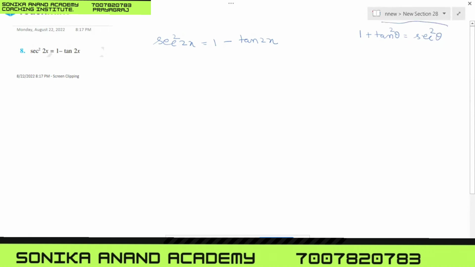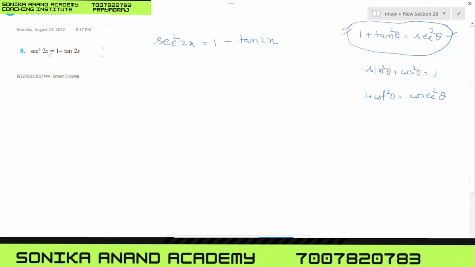This formula I think you know from trigonometry in class 10. You have to learn that. There are three formulas: sine square theta plus cos square theta is equal to 1, 1 plus tan square theta is equal to sec square theta, and 1 plus cot square theta is equal to cosec square theta. Three identities are there.